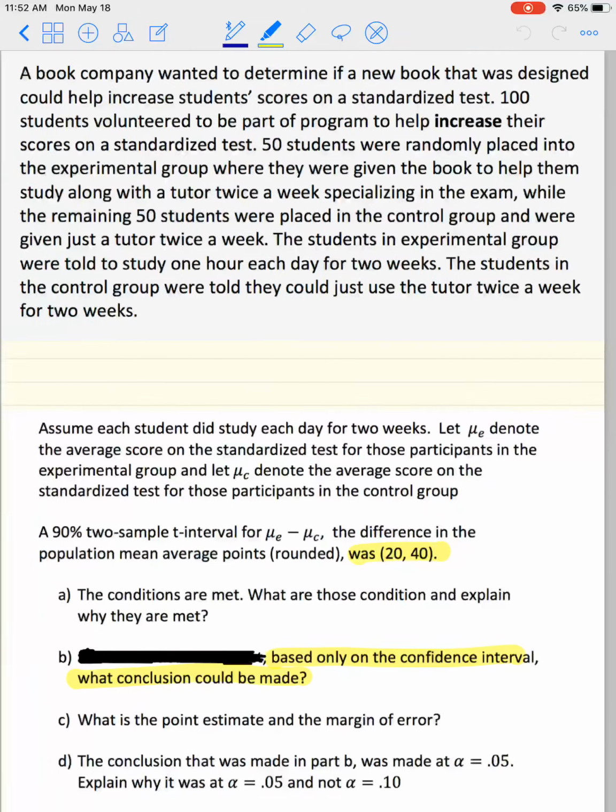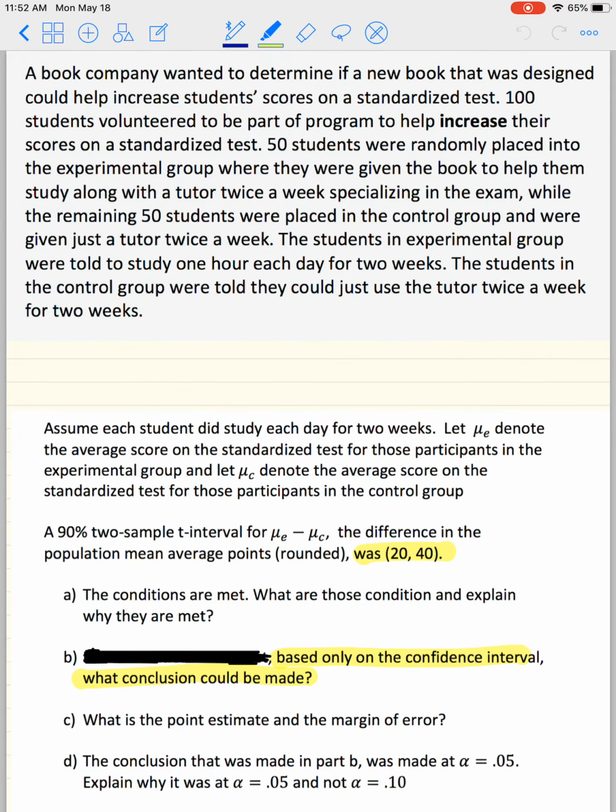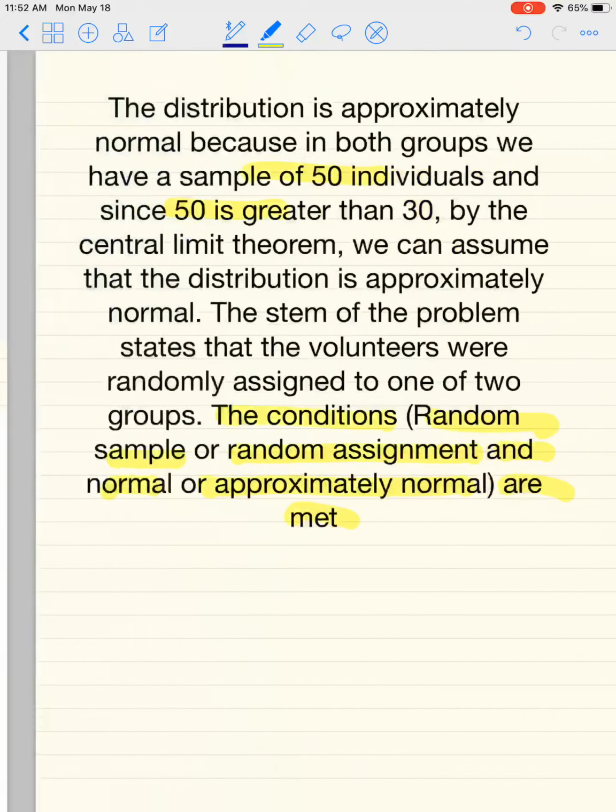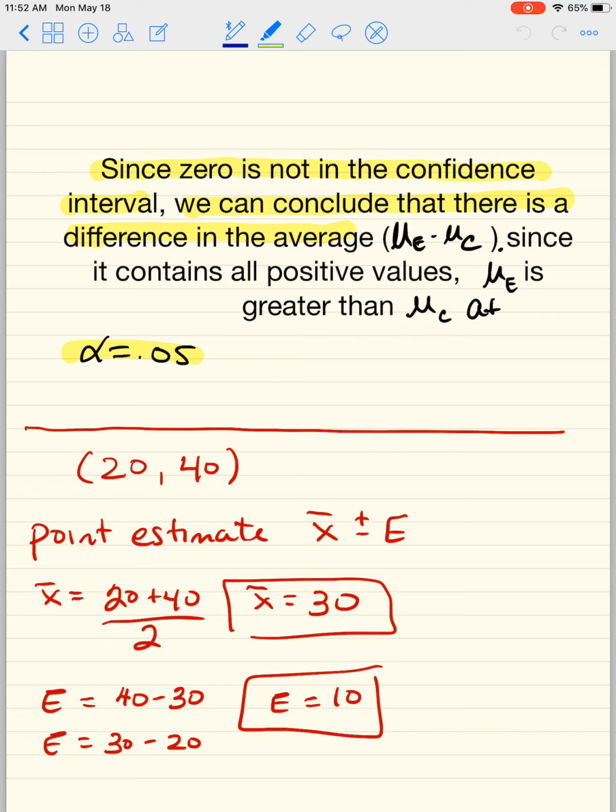So roughly, the people who used the book are going to score 20 to 40 points higher than those who didn't. But because 0 is not in the interval, or because they're positive values, it's greater at alpha equals 0.05.